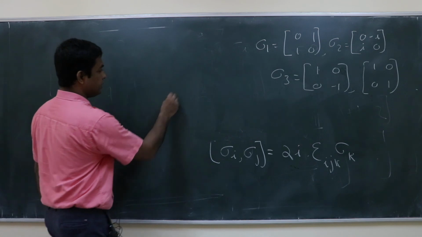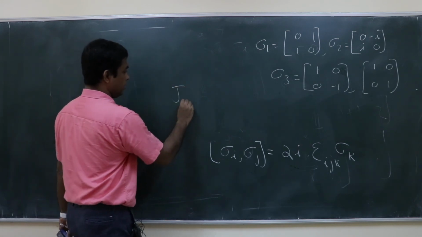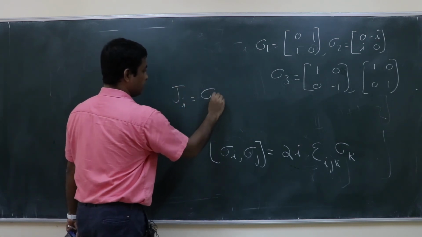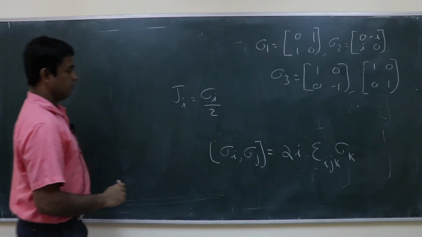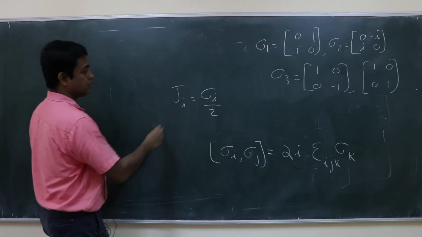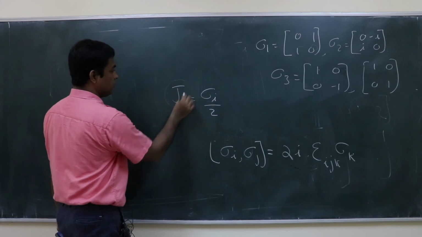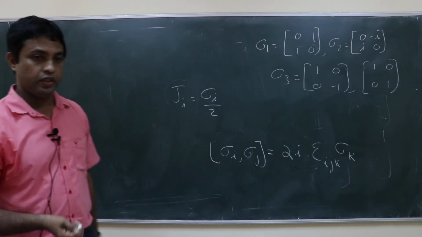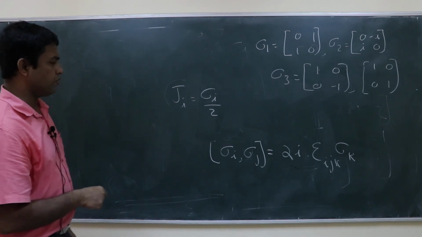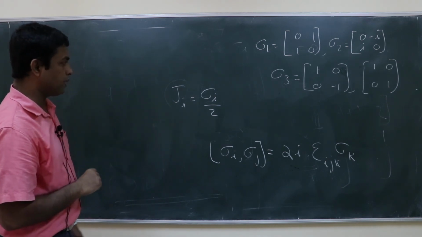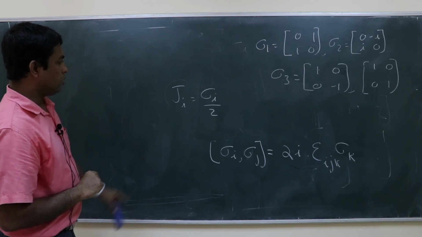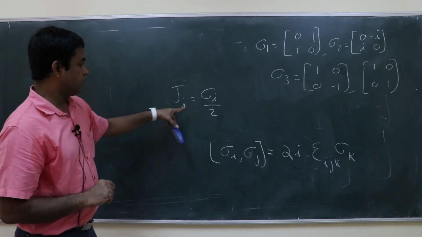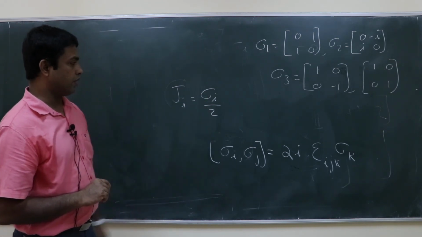So if I define j i equal to sigma i by 2, I am just defining it because this is usually the angular momentum notation. Later on in your other courses, and even in this course, we will do something about angular momentum. So you now redefine j i as sigma i divided by 2.